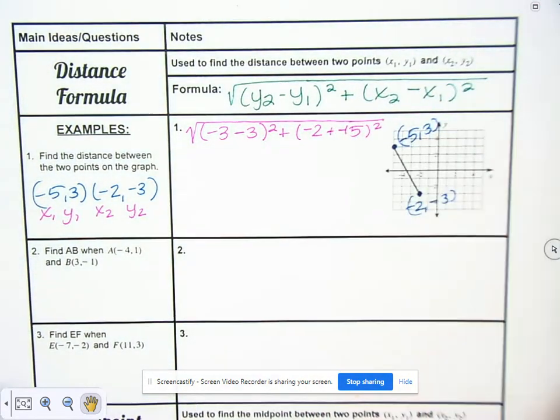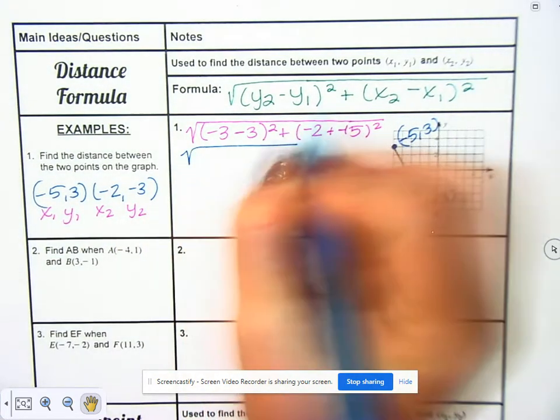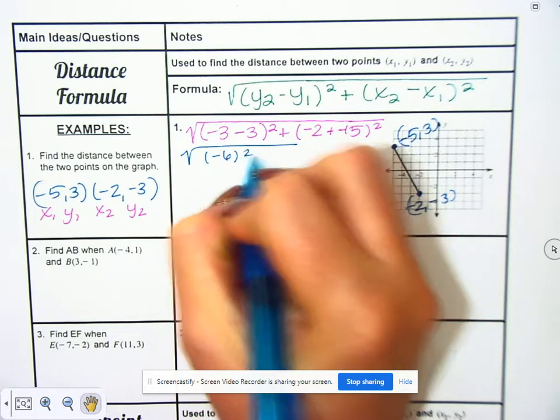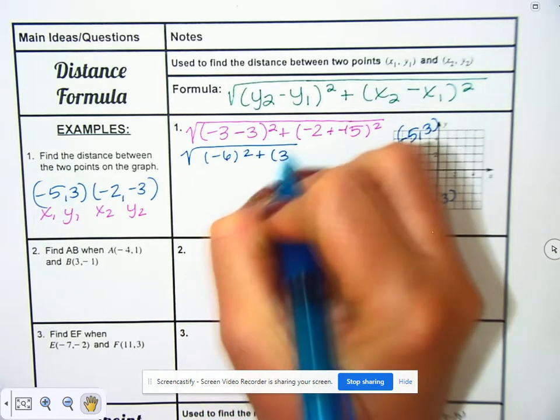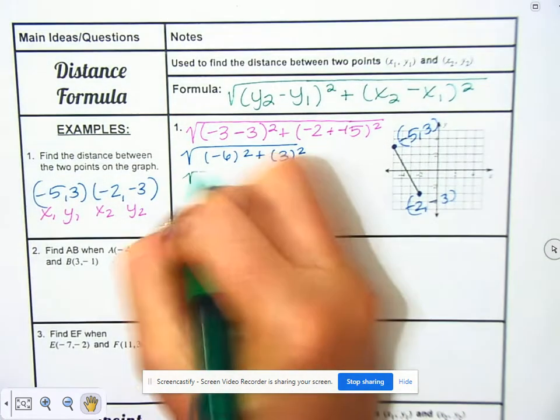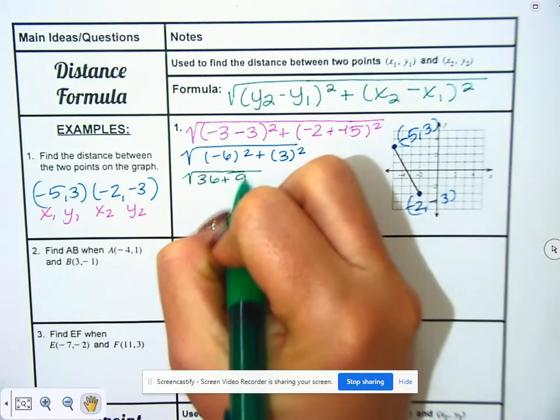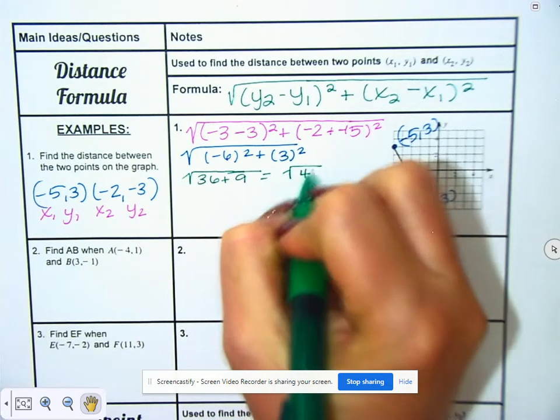And we're just going to go through and simplify, y'all, step by step, line by line. That gives me -6 squared, and that gives me 3 squared. If I simplify those, -6 times -6 is 36, 3 times 3 is 9, and that gives me the square root of 45.